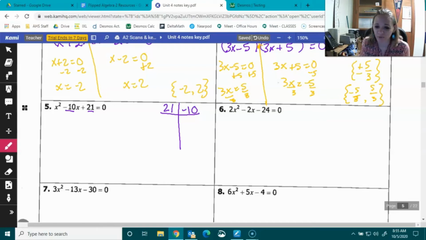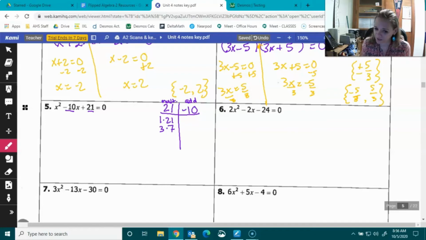So I'm going to go pretty quickly through this. I need to multiply this column. I'm multiplying two terms to get 21, and then I add the same two terms and try to get negative 10. So factors of 21 are, of course, 1 times 21, 3 times 7, and I believe that's it. So which values does it look like I'm going to be able to add and get negative 10?